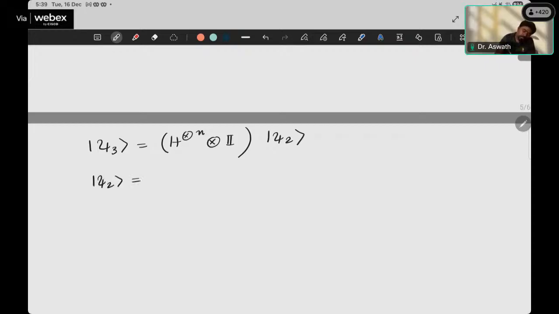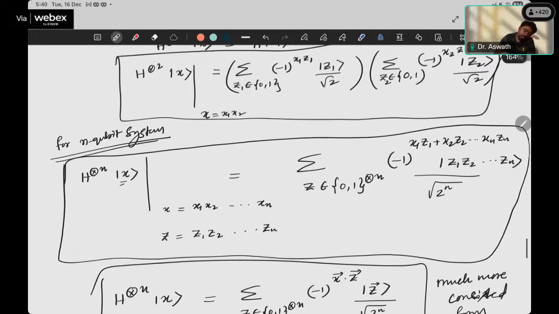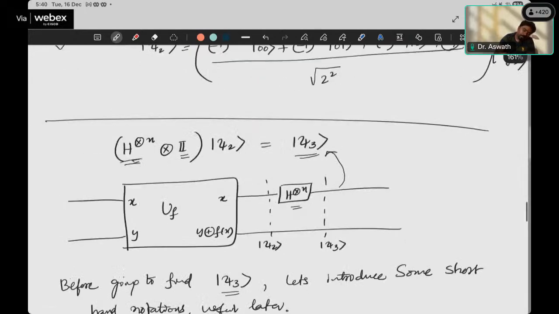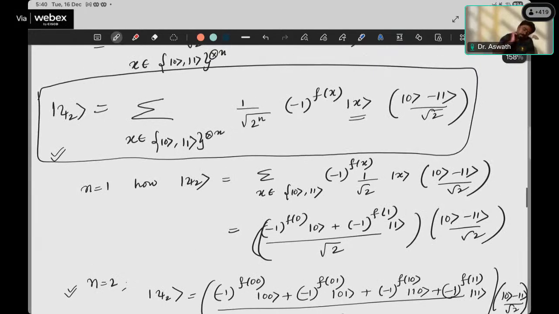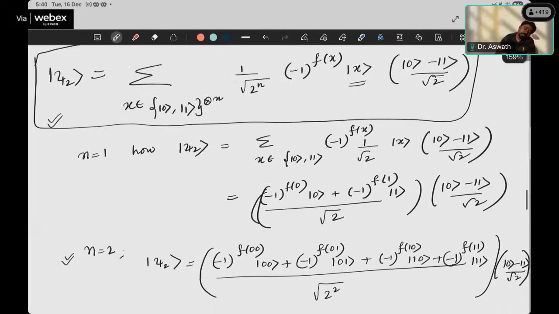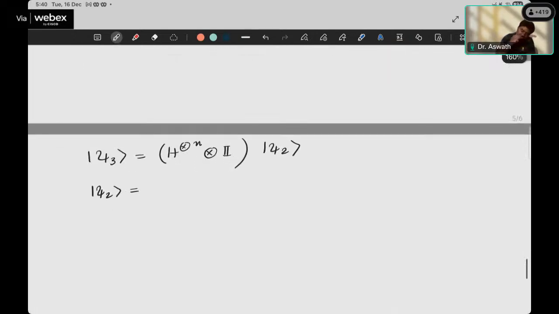Psi 2, let me recollect. Psi 2 is the summation over x with 1 by square root of 2 to the power of n, minus 1 to the power of f of x, multiplied by x ket, 0 minus 1 ket divided by square root of 2. That is psi 2.